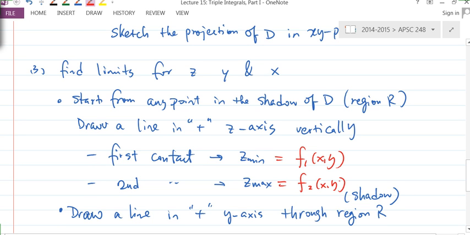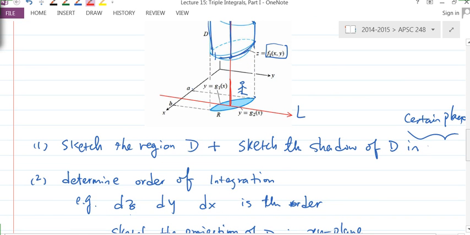And for the Y limit, this is the first contact, this is the second contact. The first contact is the bottom curve, and the second contact is the top curve. As indicated, bottom is G1, top is G2.